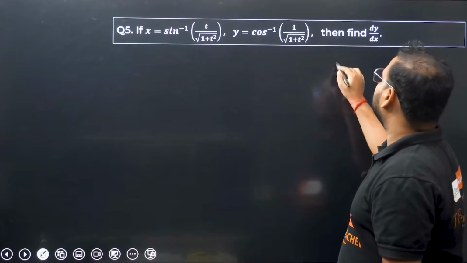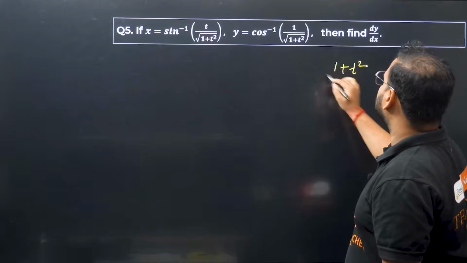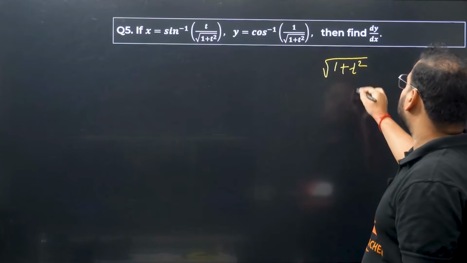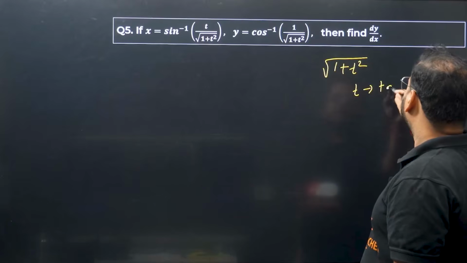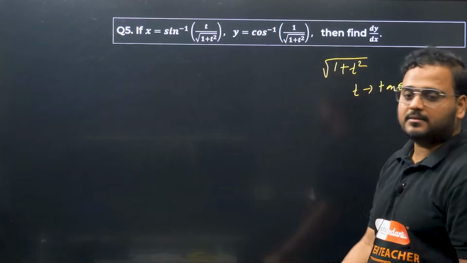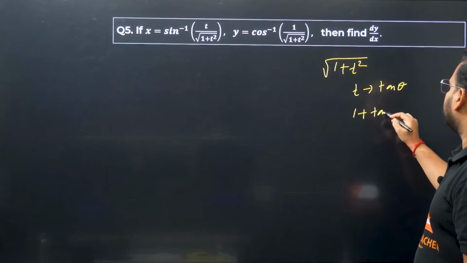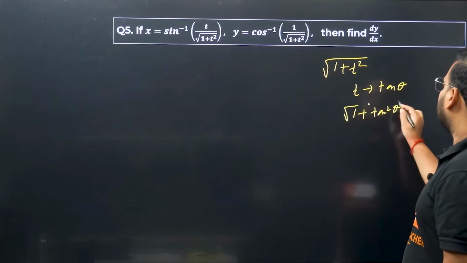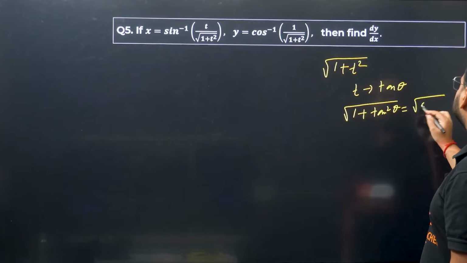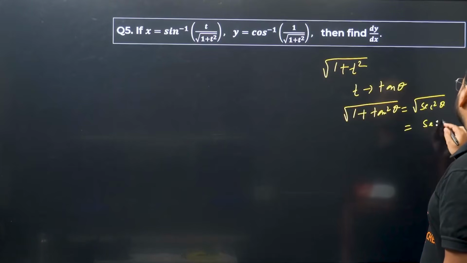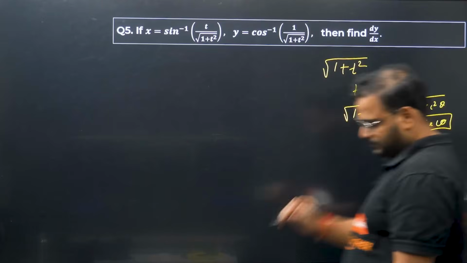Please check. We are getting 1 plus t square in the root. This becomes very simple if you take t as tan theta. So this will be 1 plus tan square theta, the root of sec square theta. Let's say I take only the positive value, first quadrant, so sec theta.